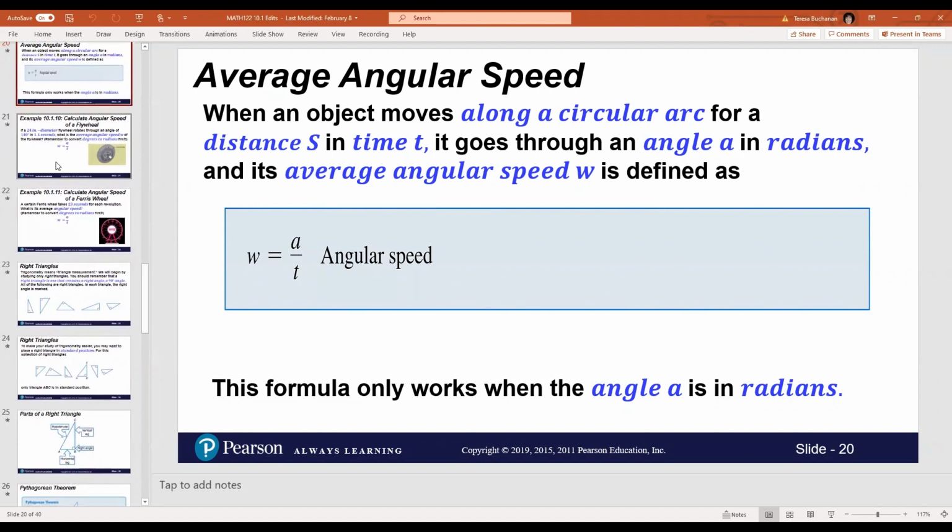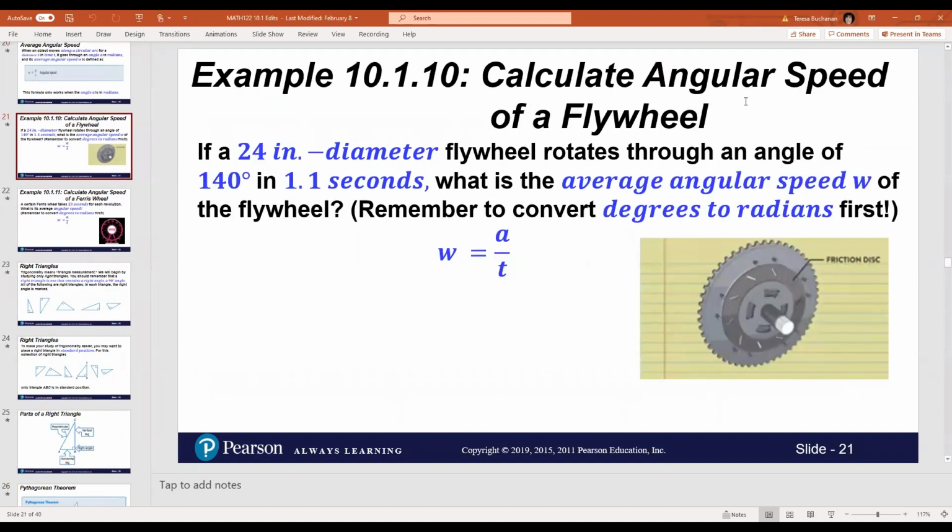Average angular speed. Here's an example. Suppose you have to calculate the angular speed of a flywheel.